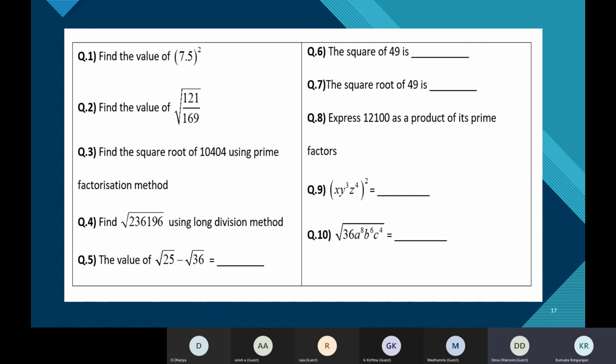Let me just check. I thought I sent this also. No, ma'am, you did not post this. You told only to solve the 10 sums, ma'am. Okay, fine. I should have sent this also. Okay, I'll share this today then. We'll discuss this in the next class.